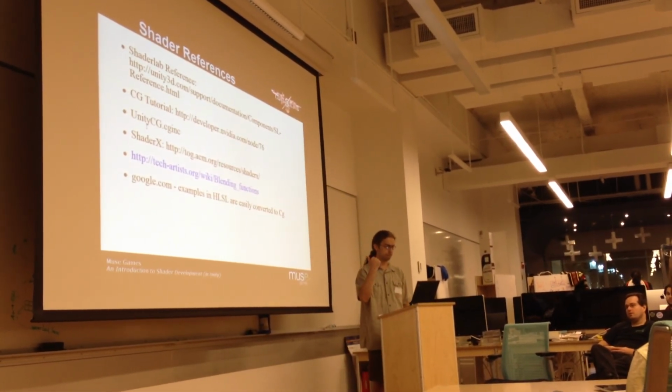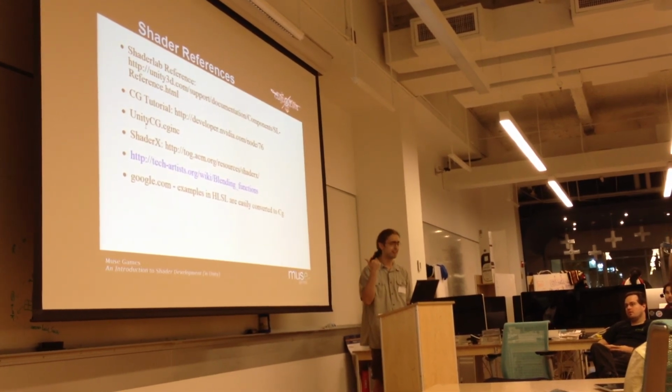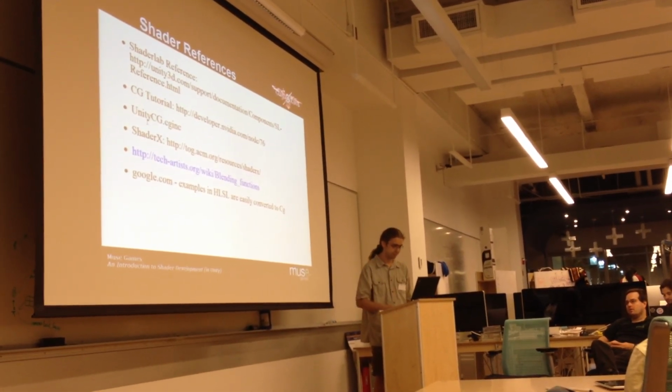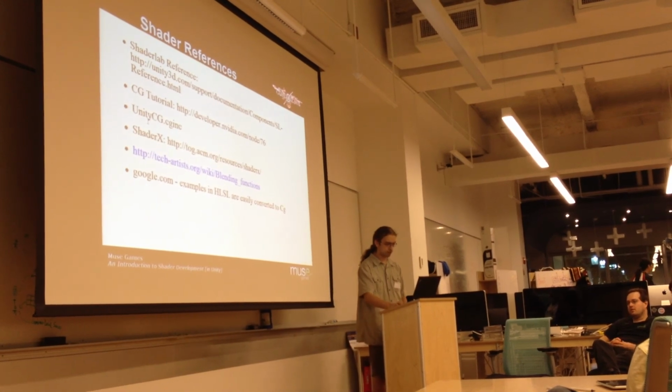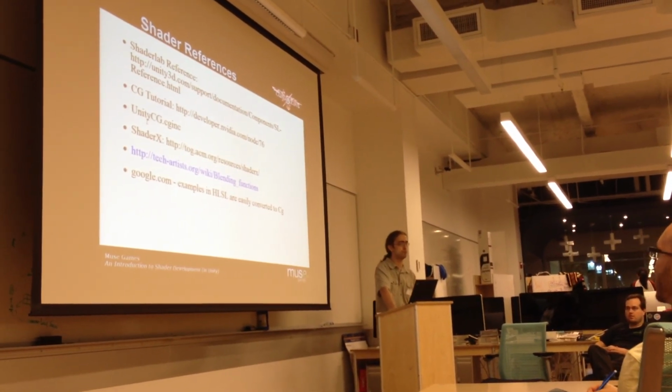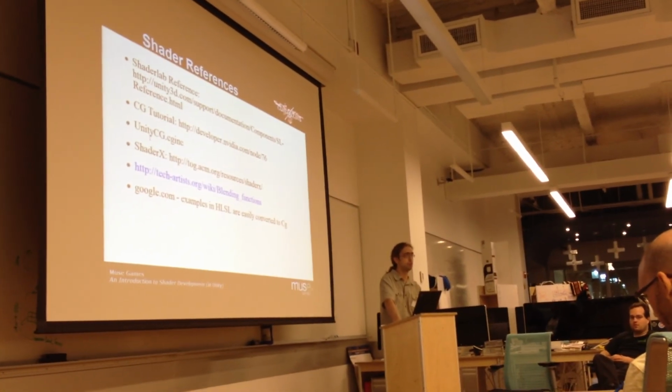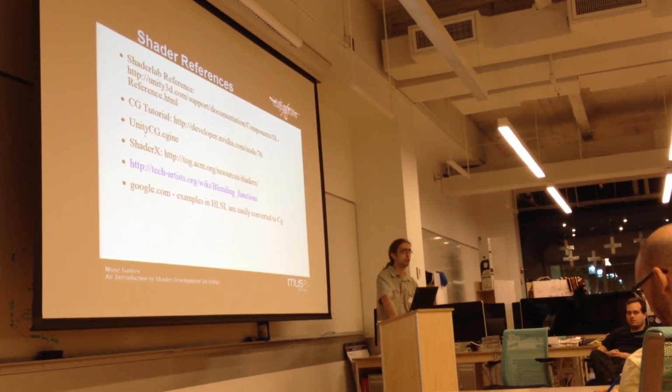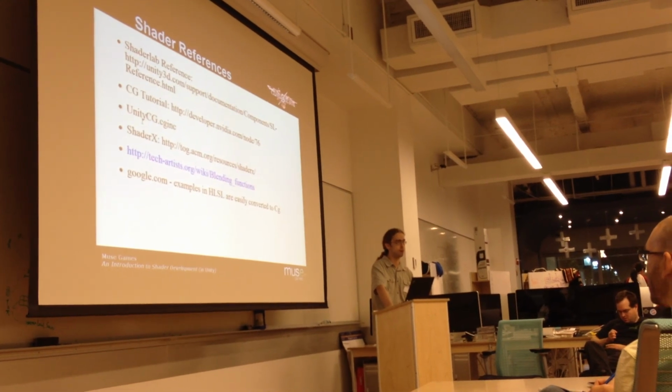Finally, the Photoshop blending functions, I cannot emphasize how useful that is. As I said earlier, you may have difficulty finding examples in Cg, but there are plenty of HLSL, the DirectX shading language, tutorials out there, and they translate very easily into Cg.